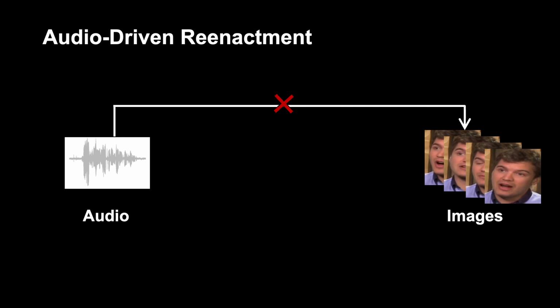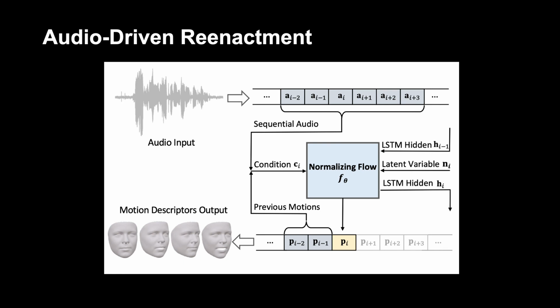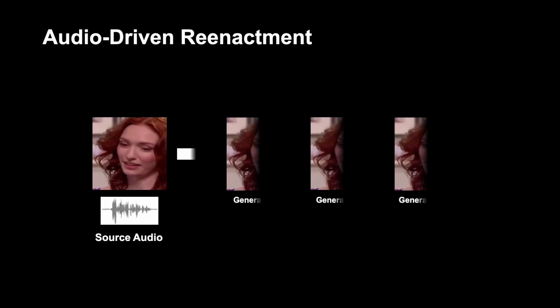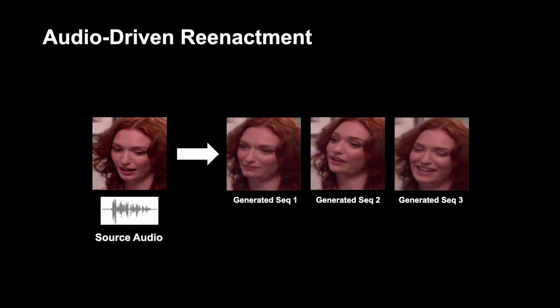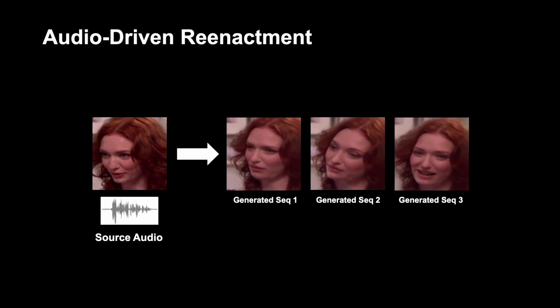Therefore, employing semantically meaningful parameters like 3DMM as the intermediate results can significantly ease the task. An additional mapping function is trained to produce various sequential 3DMM coefficients from audios. Our model generates various videos from only a single portrait image and a driving audio stream.